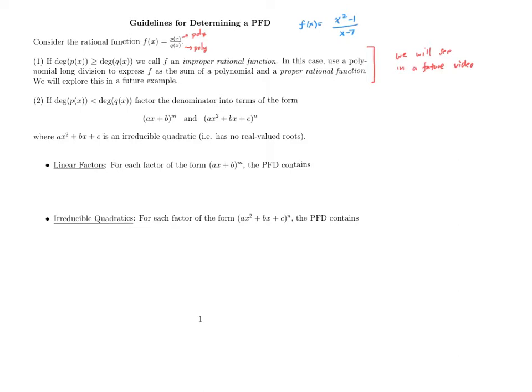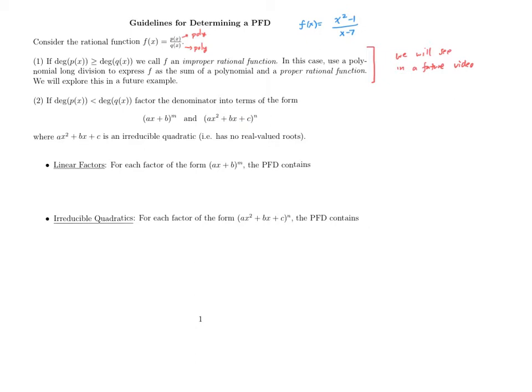Now the ideal case is when we have a proper rational function. For a proper rational function, the degree of the polynomial in the top is less than the degree of the polynomial in the bottom. In that case, our approach to doing a partial fraction decomposition is to take the polynomial in the denominator and factor it into terms which are linear or irreducible quadratics.